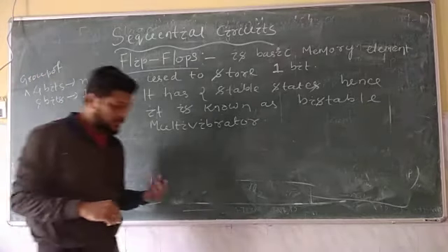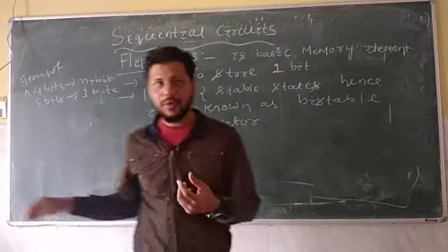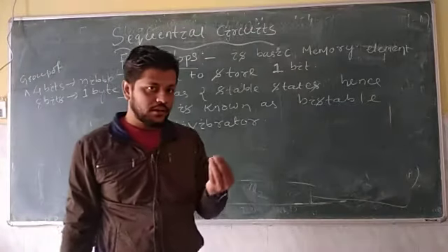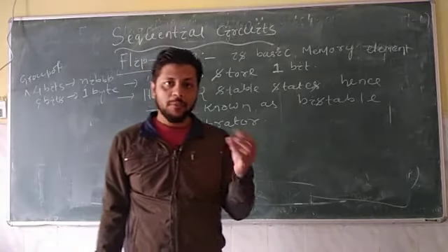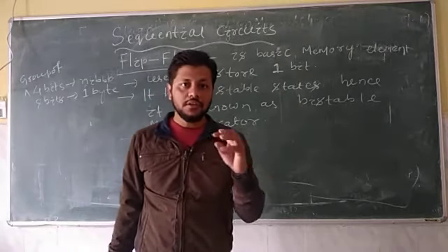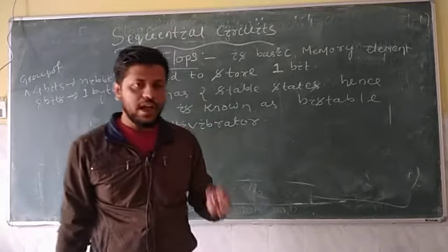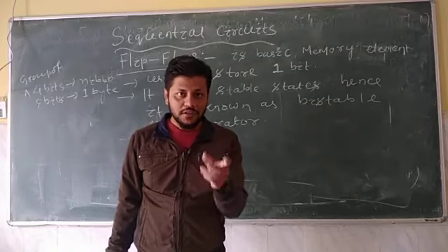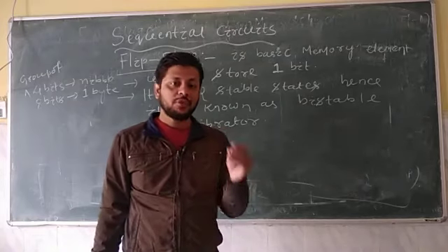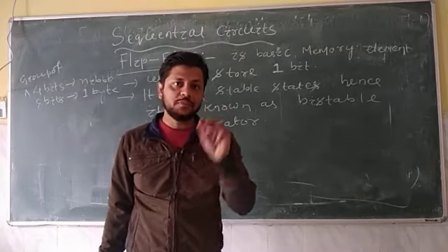For example, when you purchase a mobile phone, your RAM size is 4 GB. GB means gigabytes, and a byte is a collection of 8 bits. So the smallest basic unit of data is the bit.